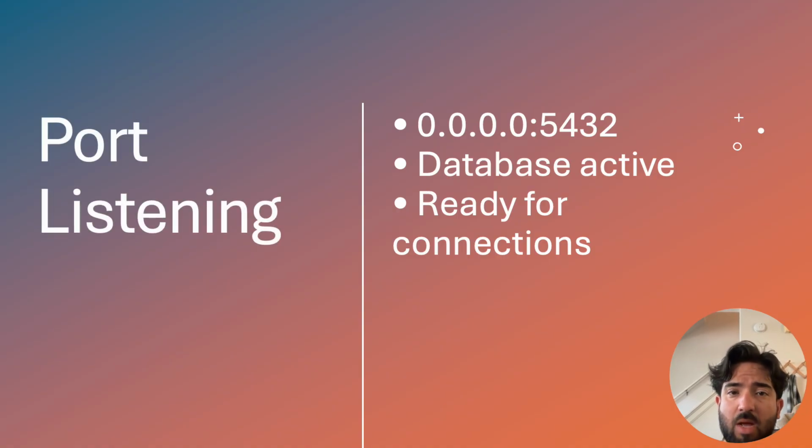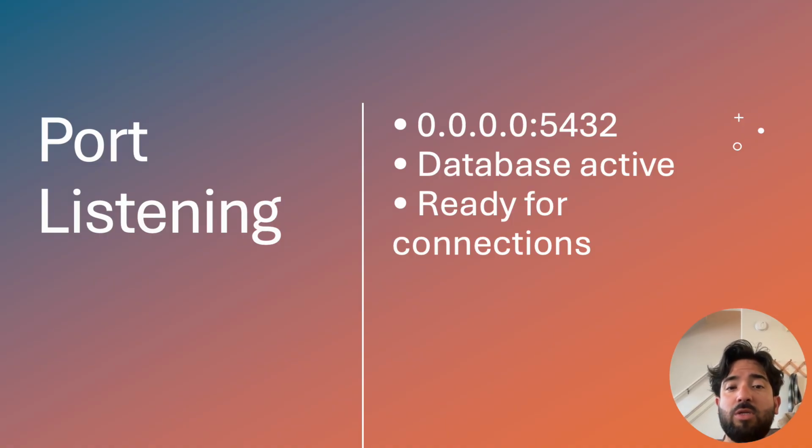In this step, I confirm that PostgreSQL is listening on port 5432 on all network interfaces of the system. When we see the four zeros (0.0.0.0), it means that the database is configured to accept connections from any network interface, not just from the local machine.